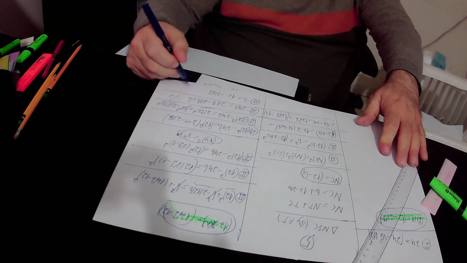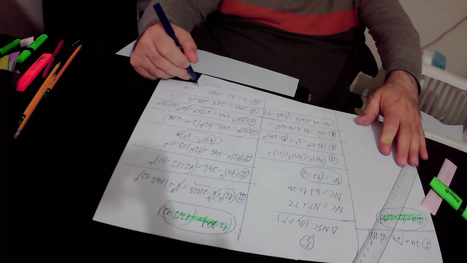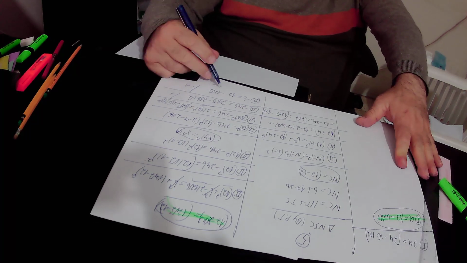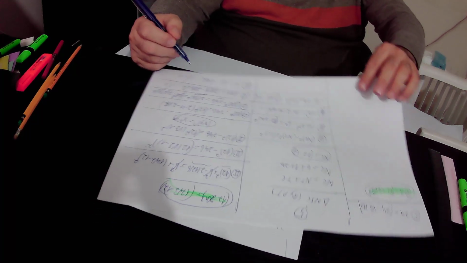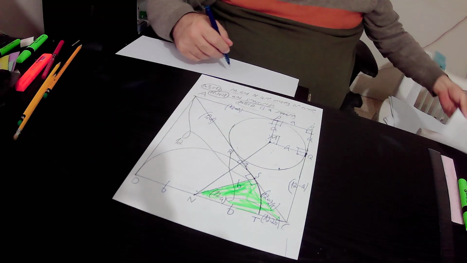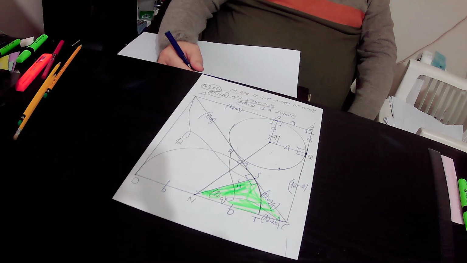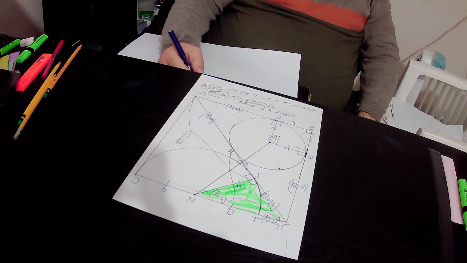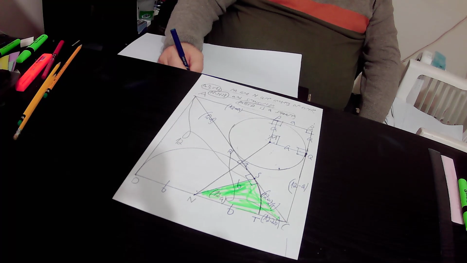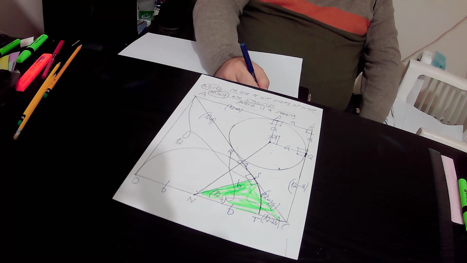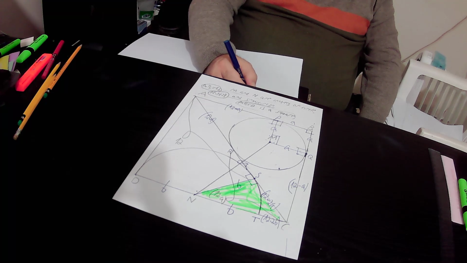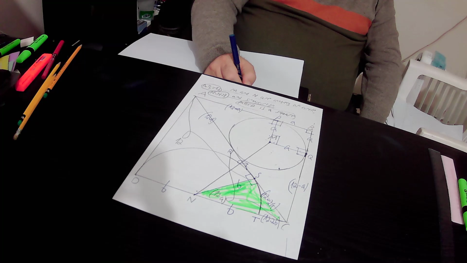We will multiply equation number 2 by minus 1, and we'll get that according to equation number 2, the value of b, that is the radius of the semicircle, is equal to 12 times square root of 2 minus 12.